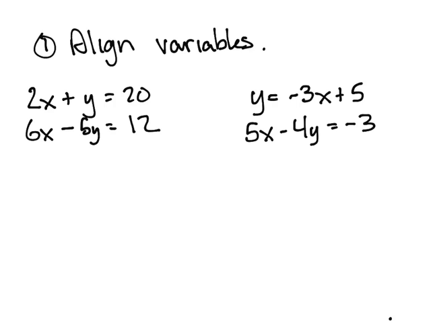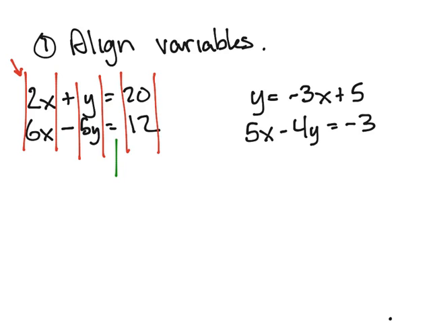We have two different examples here. The first example here on the left, the variables are already in alignment. What this means is that all of our variables and constants line up vertically into columns. As you look, you can see that all of our x values are in a column, all of our y values are in a column, and all of our constant terms are in a column.